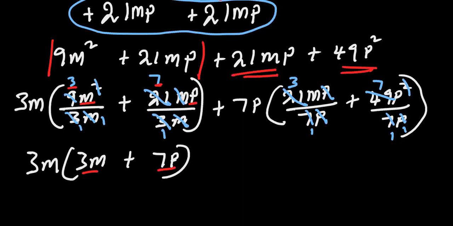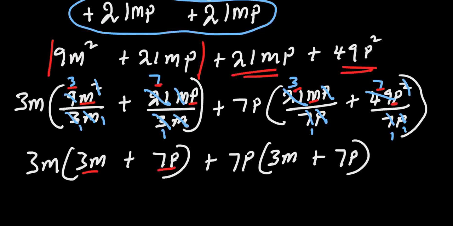All right, so plus 7p open parenthesis, so we have 3 and m here, so we can simply bring them here, 3m, plus, we also have 7 and 1p here, so 7p close parenthesis.